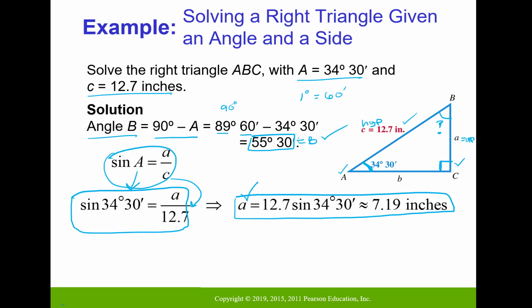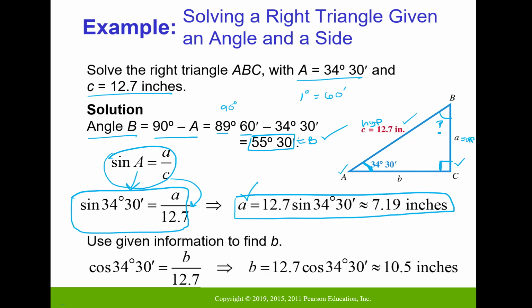And so we can use similar reasoning, but we'll use cosine this time to find the last side length. Cosine of our given angle, cosine of A, is adjacent over hypotenuse.